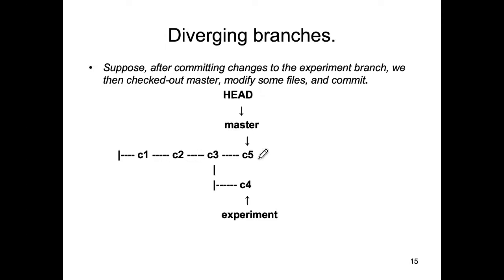I might have more commits along this branch here, and later on I might do more commits along this branch here. So clearly the two branches are moving away from one another, or diverging. And again, that's a very common situation.